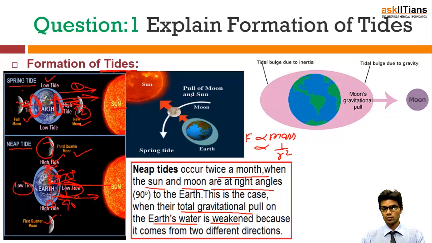And here also we can explain, this is the earth, this is the moon. So this is the moon's gravitational pull due to gravitation. F is equal to G m1 m2 for earth by r square.